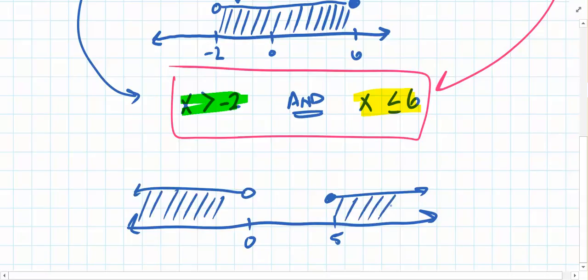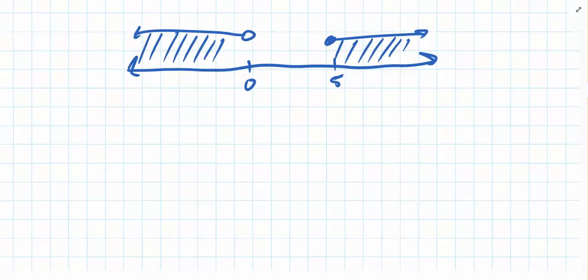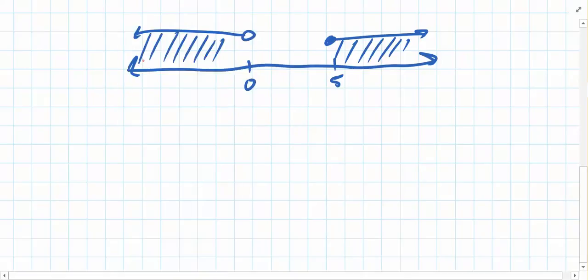Okay, can you give me two distinct inequalities that I could write for this statement here? Just give me the one on the left, like the 0. If I were to cover up, pretend I couldn't see the 5, if I just had the one on the left, what inequality could I write to describe that? X is strictly less than 0. Good. Okay, now give me the one on the right.